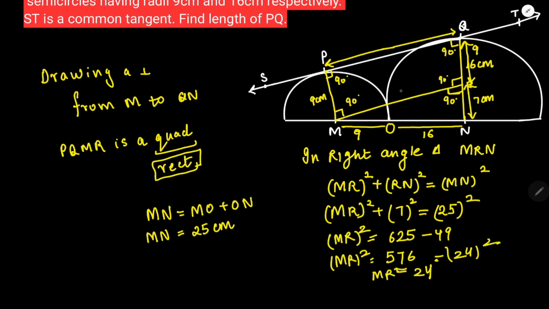Now we have found this is 24 centimeter, and we know PQMR is a rectangle, so MR is equal to PQ, and hence PQ is equal to 24 centimeter, and we are done.